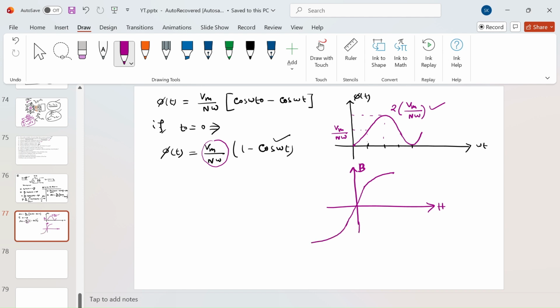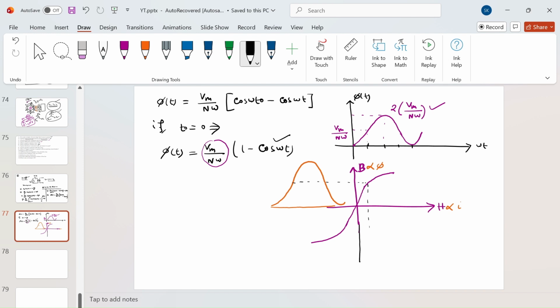And if I draw this particular graph here, let's say I have this sort of flux waveform. See, B is proportional to phi and H is proportional to current. So if you map this equation, up to this point maybe you will get a linear relationship.